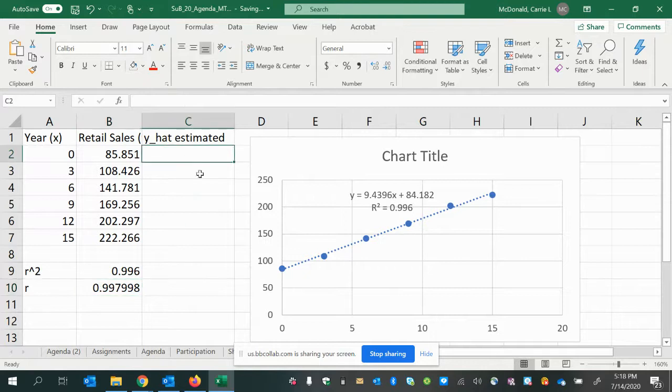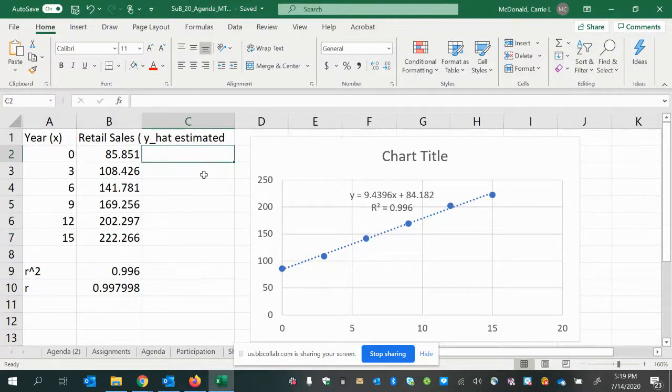And then if we want to estimate the yhat, here are the actual dots, right? And then the trend line fits those dots the best possible way using the least squares regression method. The line is going to predict a different value than the actual retail sales in this column.